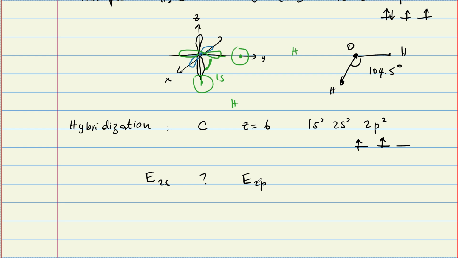Why? Because smaller angular momentum leaks inside the nucleus a little bit more, and if it leaks more, it means there's less screening. If there's less screening, it's going to have smaller energy. So typically, E2s is less than E2p.